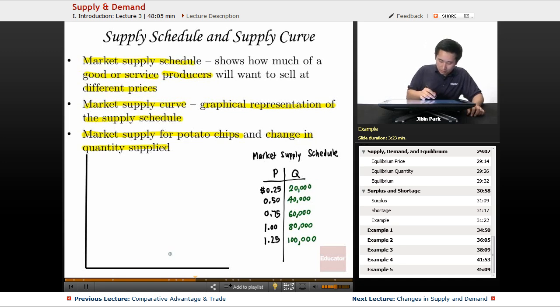So on the bottom here, I'm going to have increments of 20,000. And this is the quantity of potato chips. And on the price, we're going to go in increments of 25 cents.